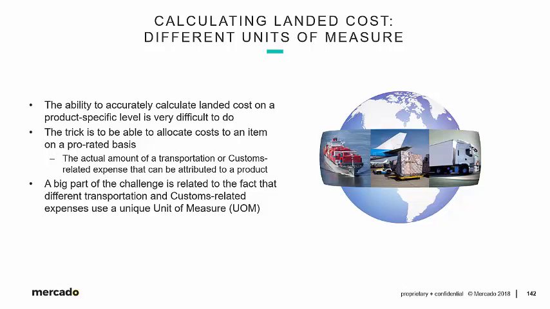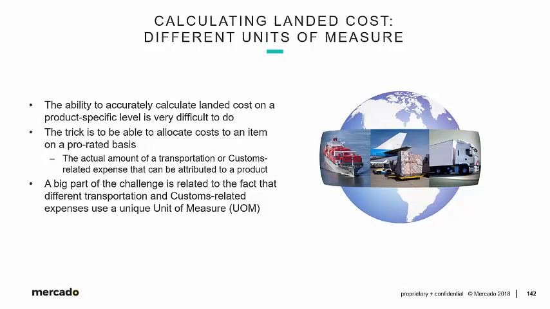One of the key tricks in getting to an accurate landed cost calculation is to be able to allocate costs to an item on a pro-rated basis. We have a detailed explanation of prorating costs in just one moment, so don't worry if it's a little bit cloudy. But let's say for now that a prorated basis means the actual amount of a transportation or customs-related expense that can be attributed to a single product, especially when there are many different products in one container.